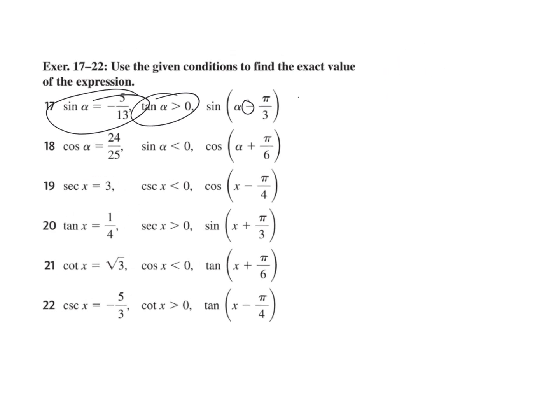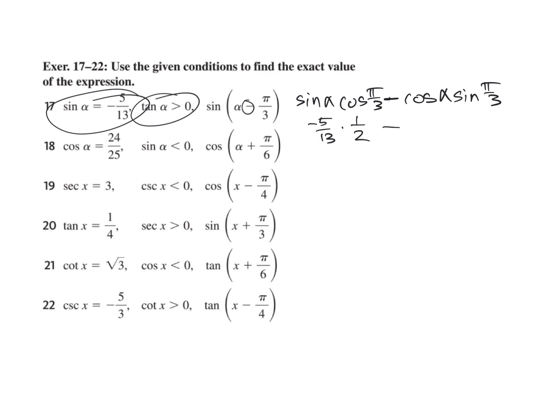So this is going to be sine of alpha, cosine of pi over 3, minus cosine of alpha, sine of pi over 3. All right, the sine of alpha is negative 5/13. The cosine of 60 degrees is going to be 1/2.